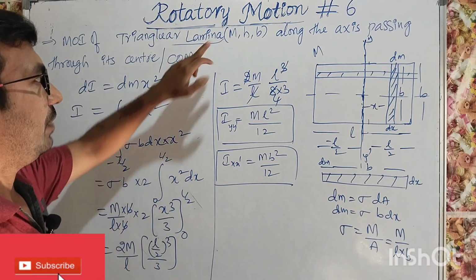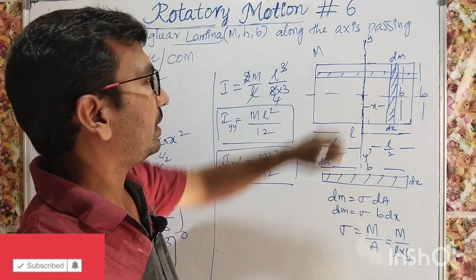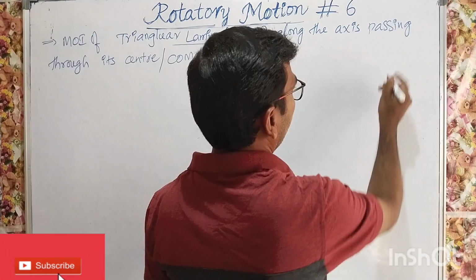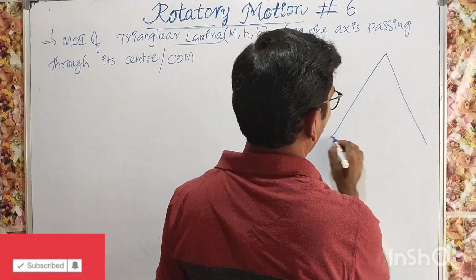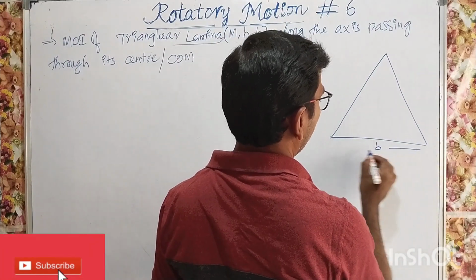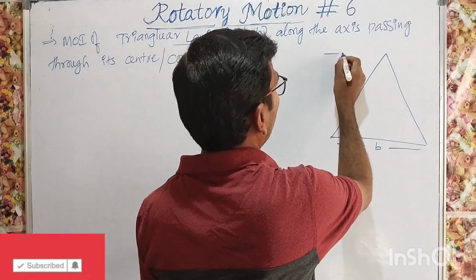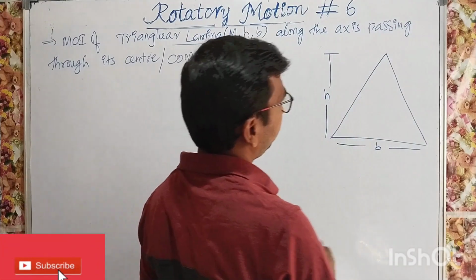Triangular lamina: the base of the triangular lamina is b, and the height of the triangular lamina is h.